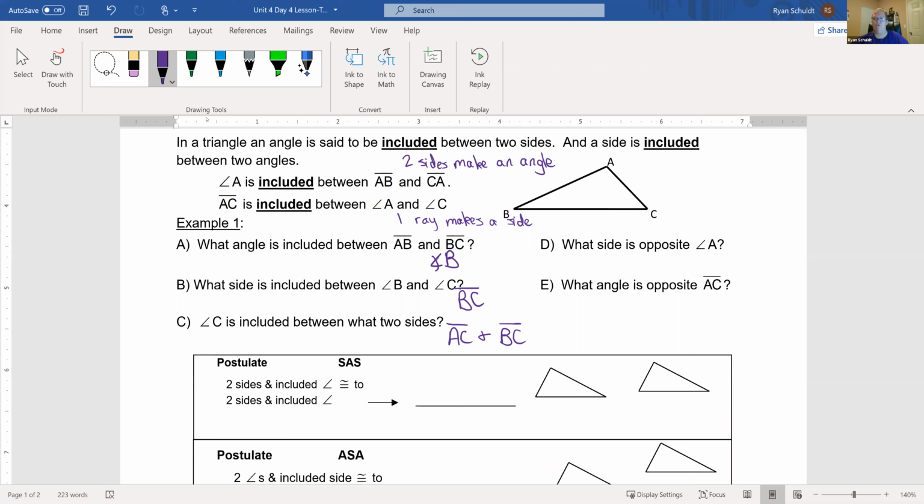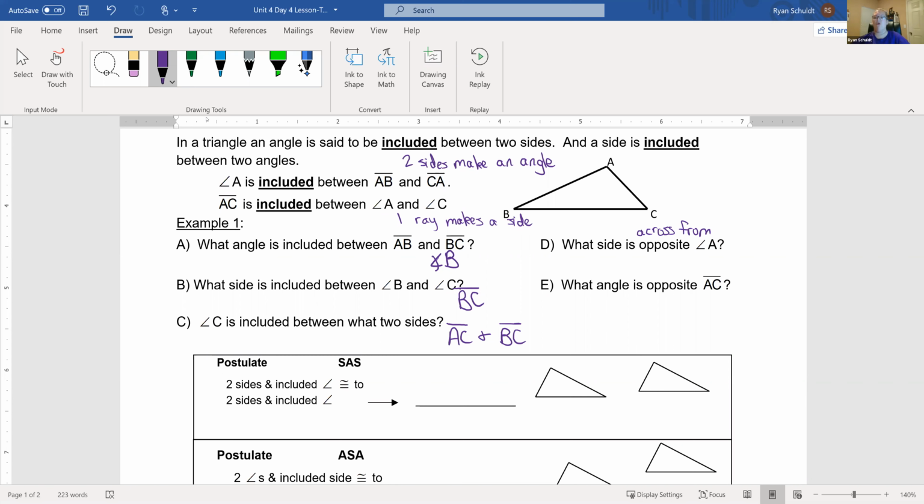Now, it asks us what side is opposite. Opposite here means across from. This is not the only place this will come up. This will come up a lot. Opposite of this angle, opposite of that angle, opposite of this side.